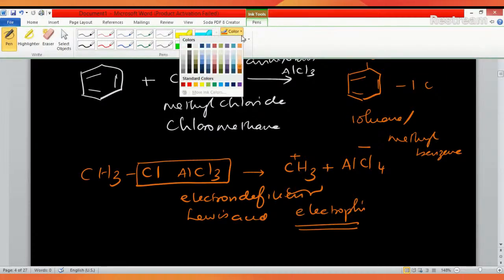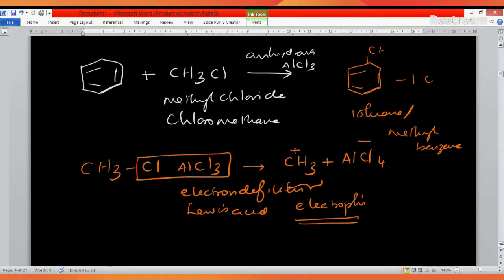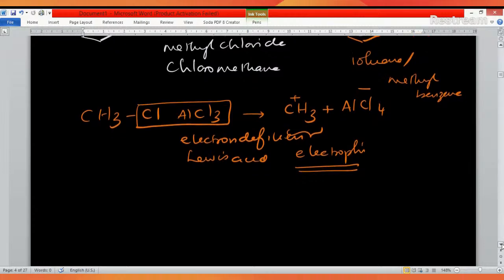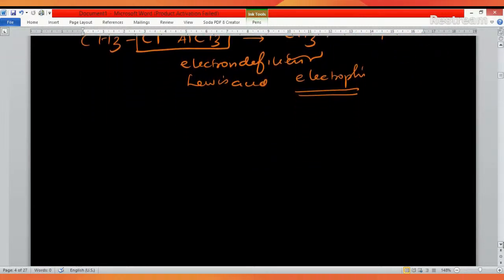I'll write the mechanism of the same reaction, how the methyl group can be substituted. This is the idea. You just write down one benzene structure with alternate double bonds.